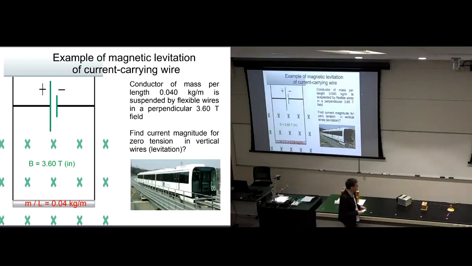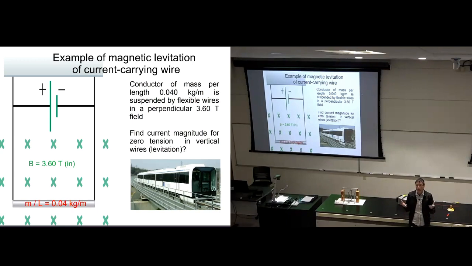I want to look at an illustration of this, and it's what we call magnetic levitation. Magnetic levitation is where you can lift something, or you can support something without physically supporting or physically holding that something. So that's levitation.